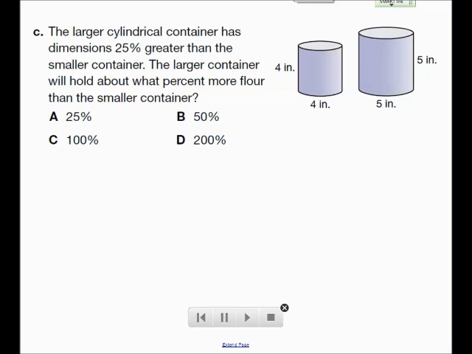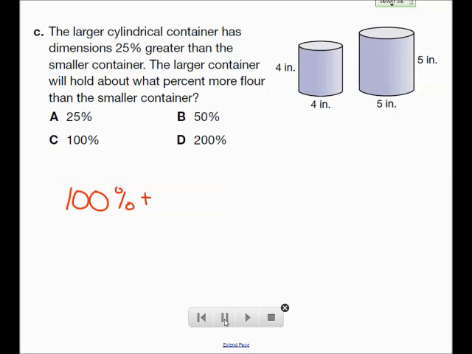The larger cylindrical container has the dimensions 25% greater than the smaller container. The larger container will hold about what percentage more flour than the smaller container? Thank you, Nora. So if the dimensions are 25% greater than the original, which was 100, that would make the new dimensions 125% of the original, or a scale factor of 1.25.